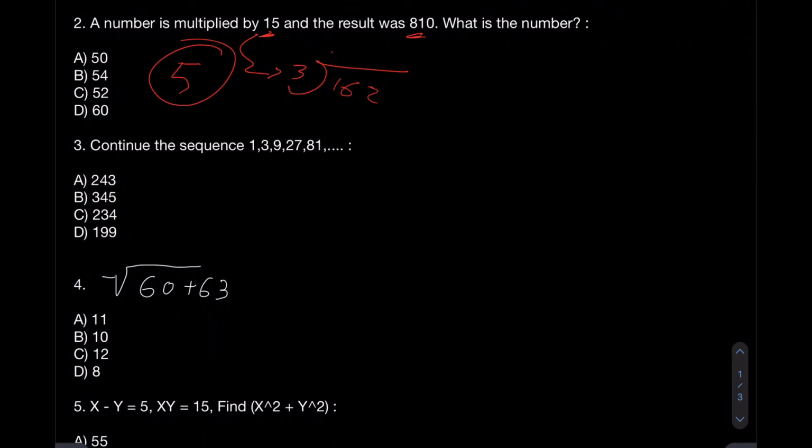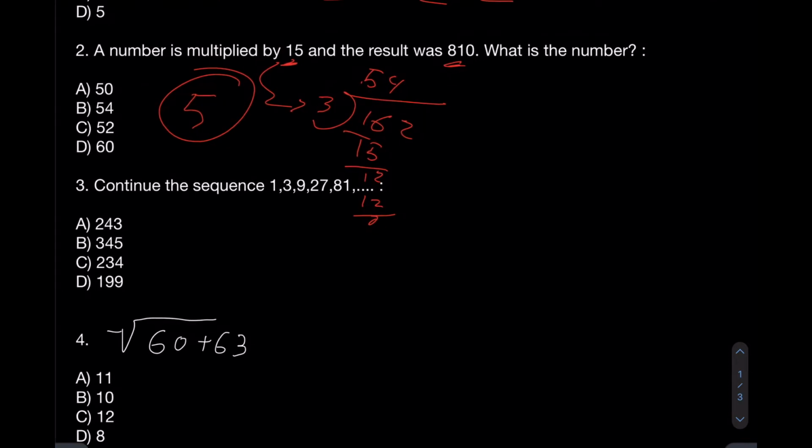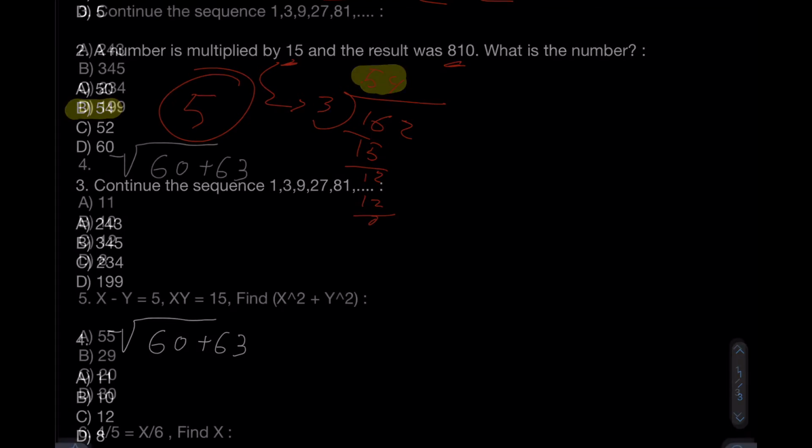Alright, so how many 3's go into 16? We've got 5. 15 minus 1, bring down the 2, and 3 by 4 is 12. And there you have it. This is 54, and the answer here is also 54.